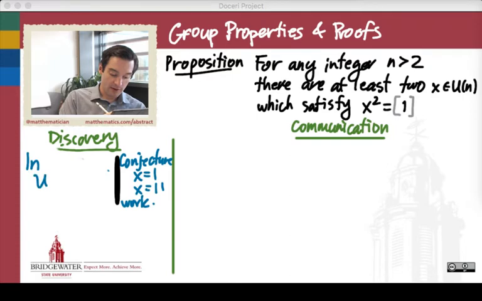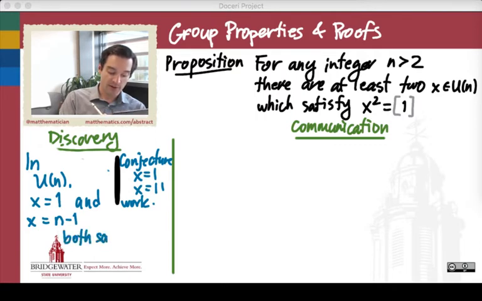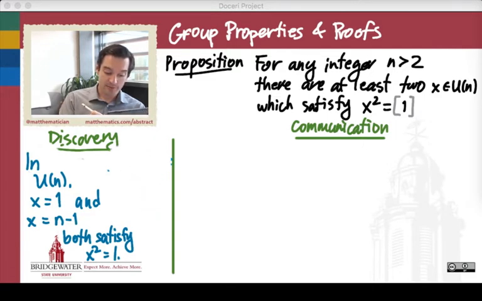In the group of units mod n, x equals 1, and the last element, which looked in these examples to be n minus 1, both satisfy x squared equals 1. So that's my conjecture, right? I haven't proven this, but if I can prove this, then this proposition will have been proven, right?